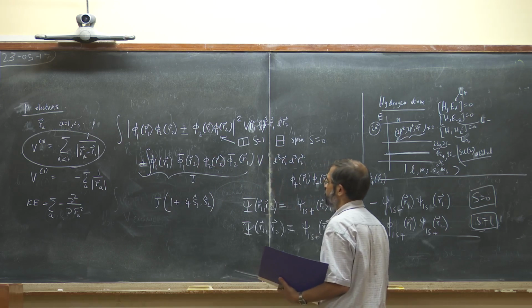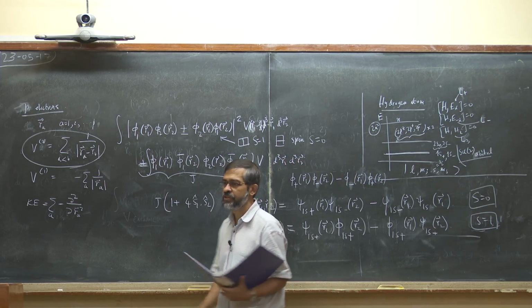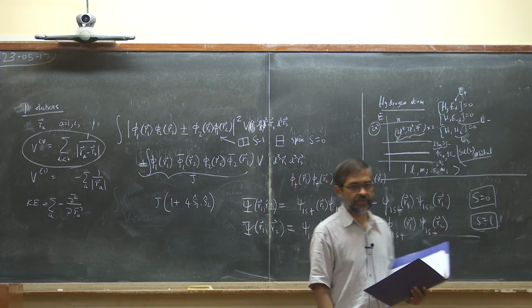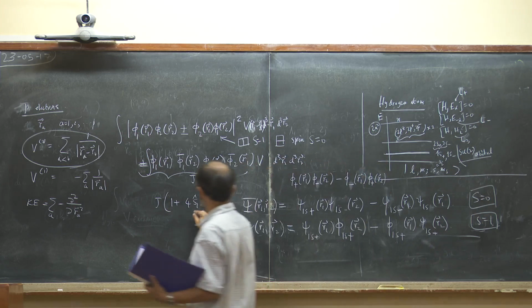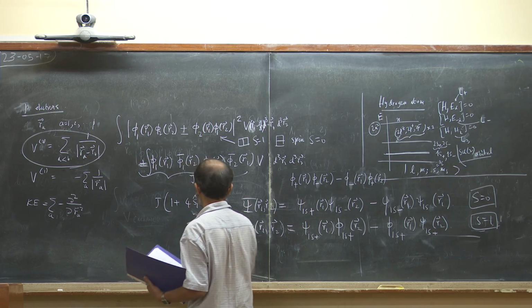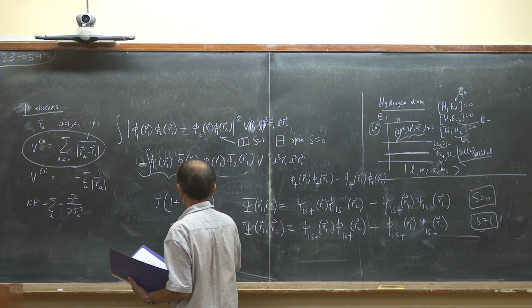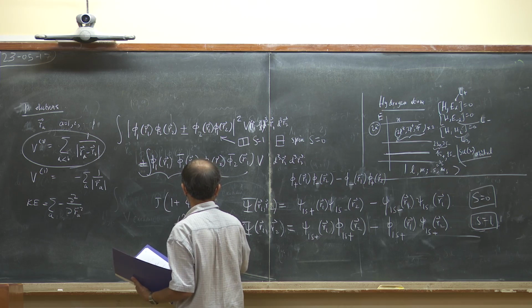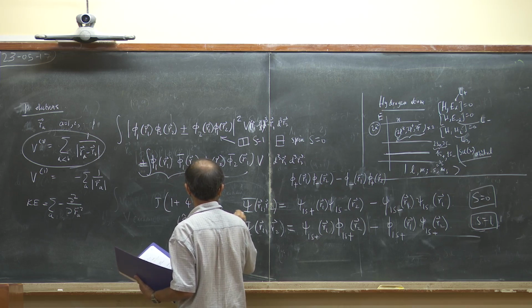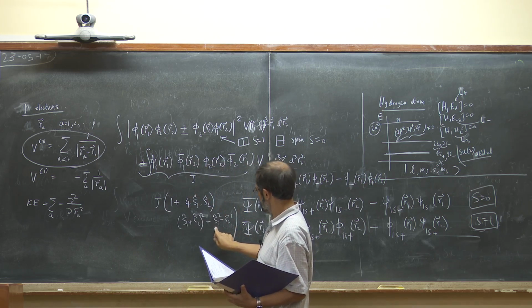By the spin operator, I simply mean the half-integral representation of SU(2). This can be written as S1 plus S2 whole square minus S1 square minus S2 square.